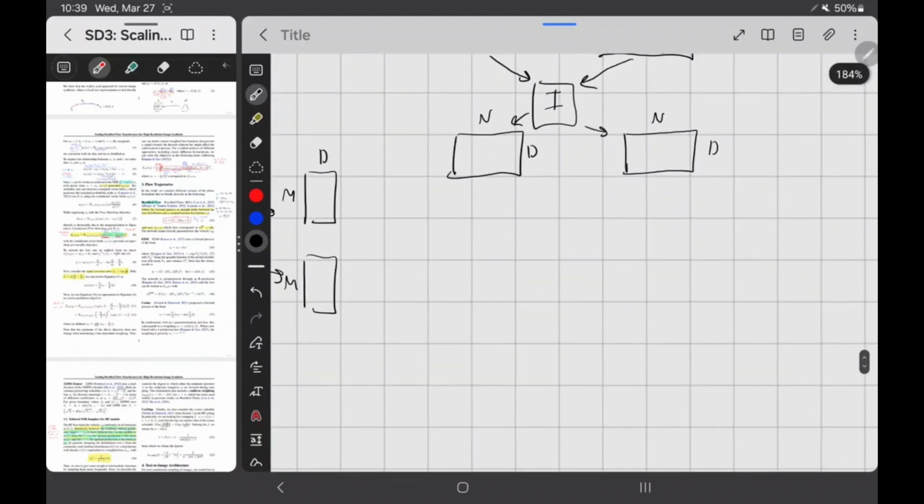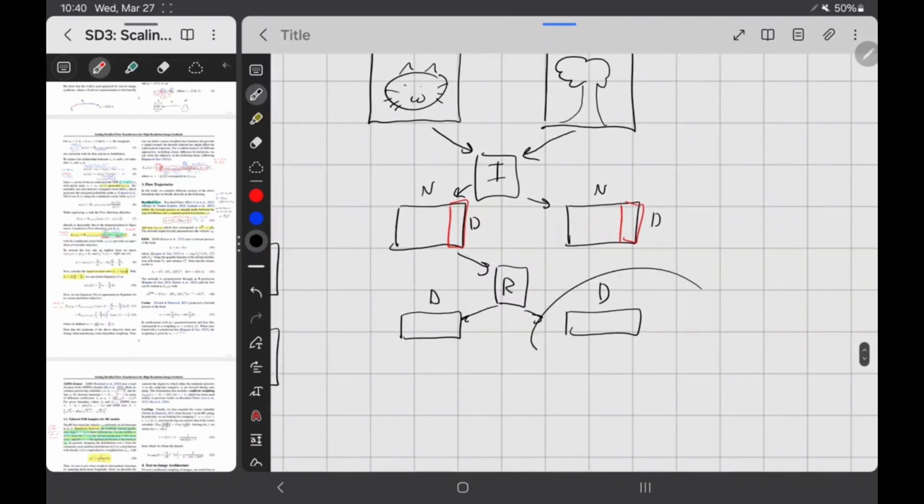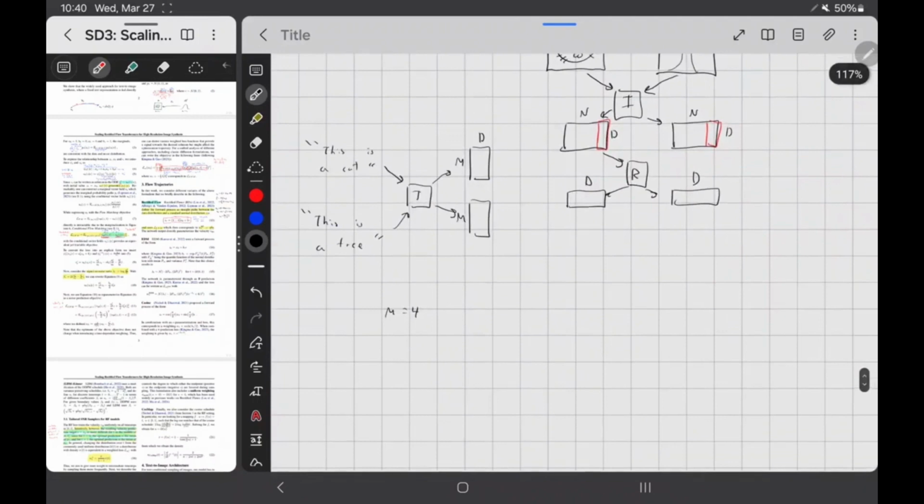You then send these through some reduction operation. So the reduction operation can take, say, the first token and treat this as a class token, or perhaps it does a mean over all the tokens or something like that. Anyways, it produces a vector representing this entire image here of size D. Specifically, it has to be the same dimension as these ones here.